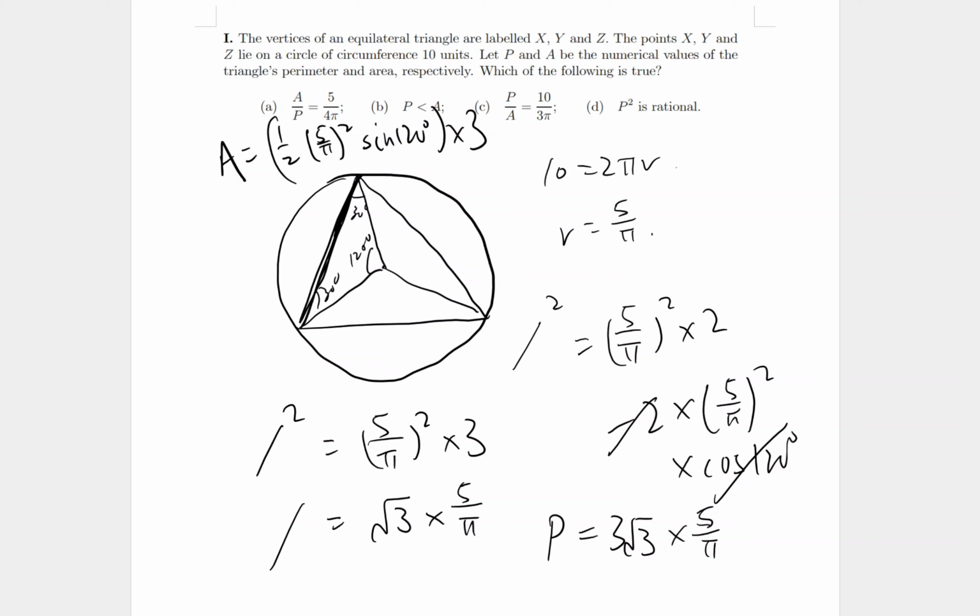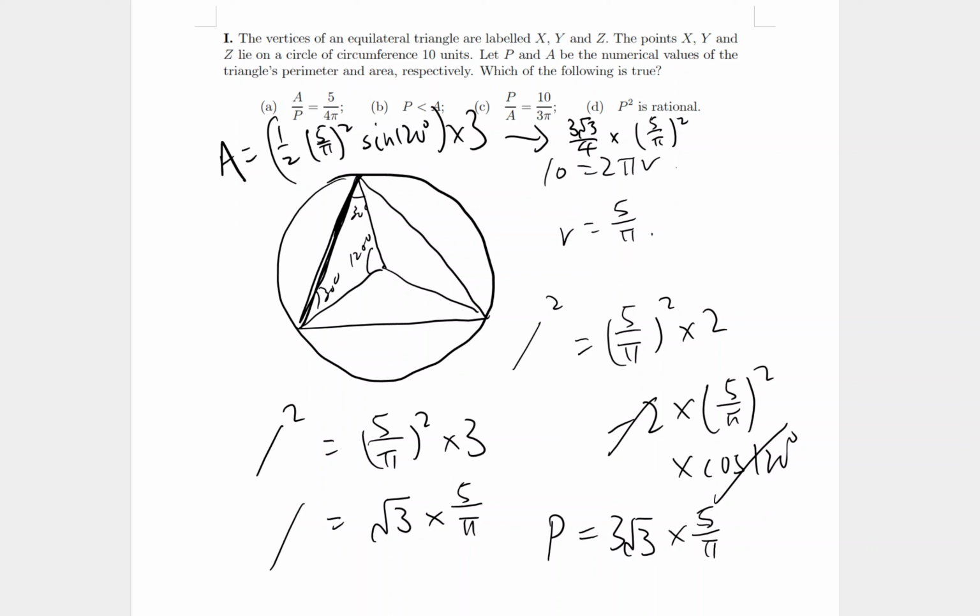It's root 3 over 2, no negative this time. How do I simplify this properly? So 3 root 3 over 4, I guess, times 5 on pi squared. Hopefully it is.